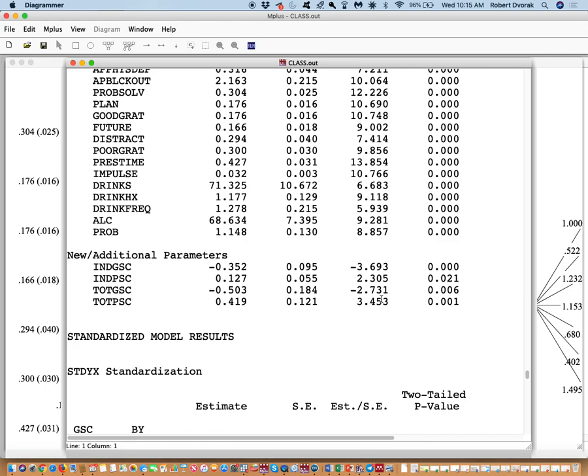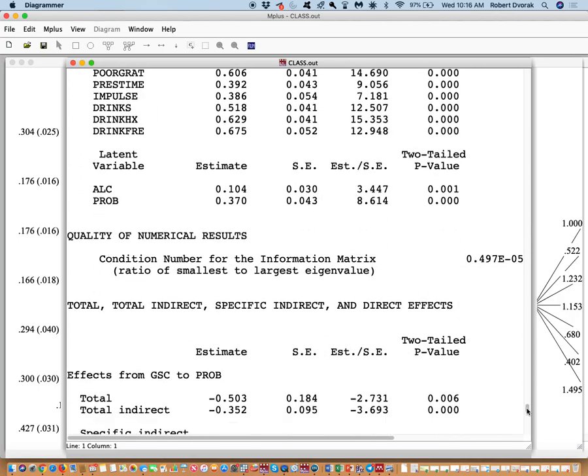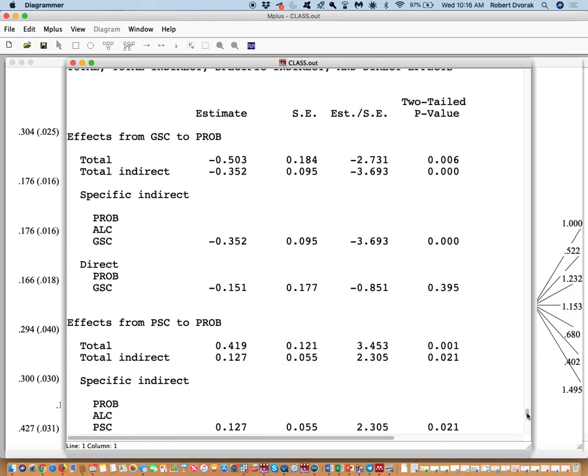Who has model indirect in their file? You didn't comment it back in? Okay, then just stay at the new additional parameters. I did comment it back in, so I'm going to scroll down and look at my model indirect effects. Do these two values match what we calculated? Do these two values match the new parameters? They should all be exactly the same.